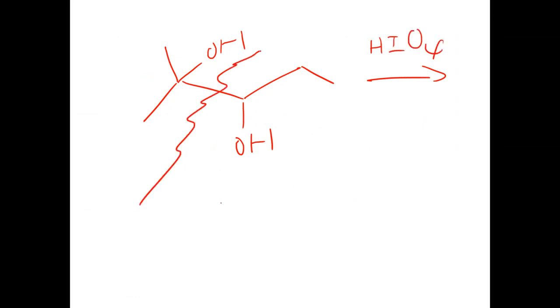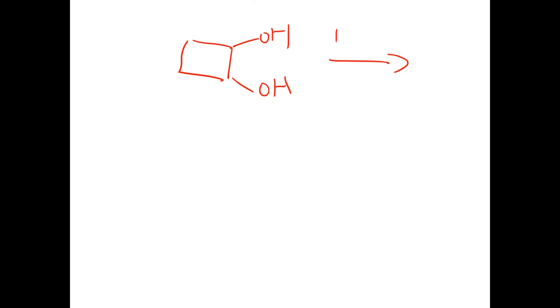Then the left side is a carbonyl compound, and the right side is another carbonyl compound. That's it. If it's a cyclic one, you just cleave the carbon-carbon bond between 2 adjacent carbon atoms. I'll give you one more example. We just cleave here. Don't cleave additional bonds.